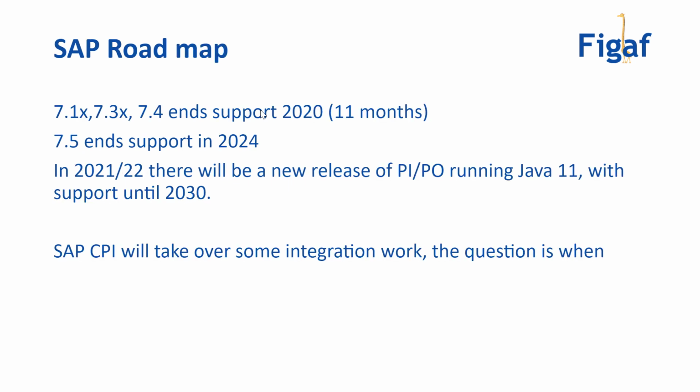So the roadmap, I guess, yeah, as I said, everything but 7.5 ends support, and that means that you need to figure out how you can migrate to 7.5 this year. And since you're here, I would assume you are still wondering how you can do a migration in this period of time.